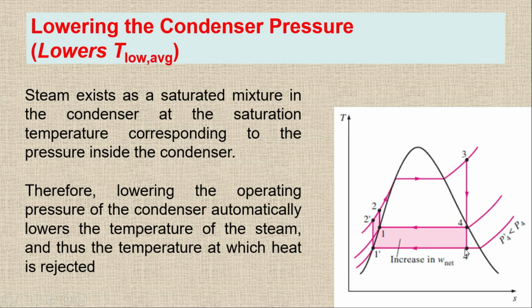So when you get the low quality, you get more moisture content in the steam at the final stage of the turbine. This can create erosion or corrosion on the blades of the turbine, that can damage the turbine as well. So normally it is recommended that at the end of the turbine, we should have at least 90% quality.